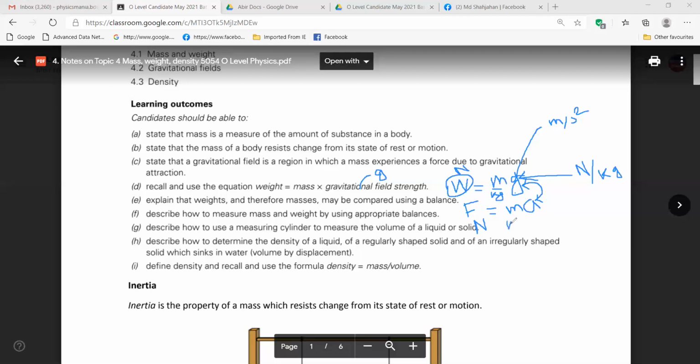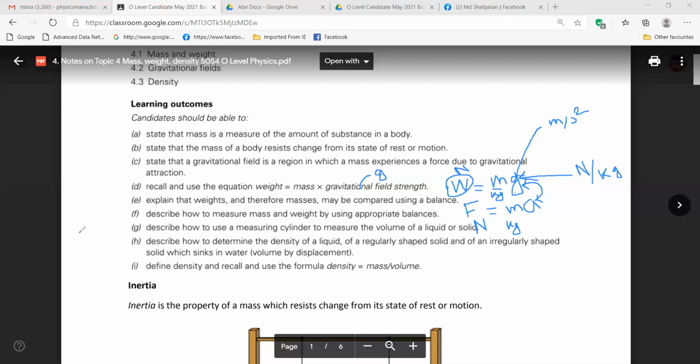If you are taking mass here, then it's coming Newton per kg, right? And a, we know it is meter per second square, acceleration. So it's matching, right? Yes, sir. Is it clear? Yes, sir, clear. So we are done till here, right?